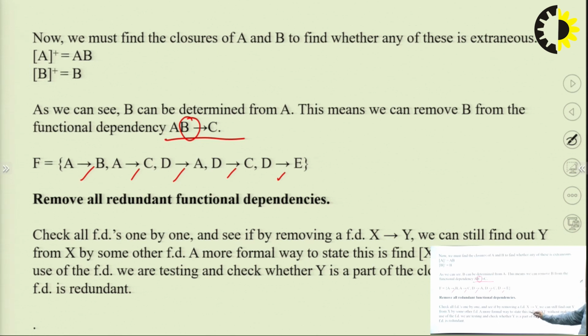A more formal way to state that is to find the closure of X without making use of that functional dependency. We are testing whether Y is a part of the closure. If yes, then the FD is redundant.